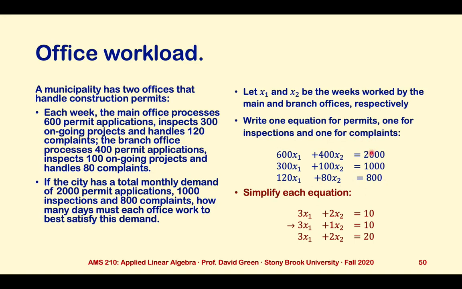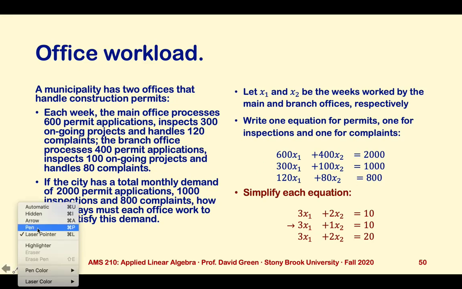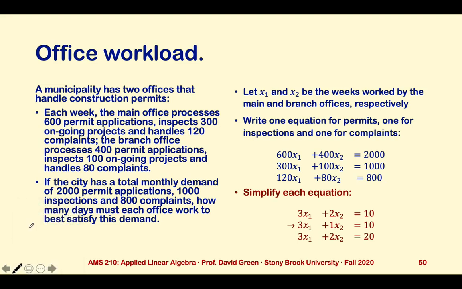Once we've done this, we take a look at this expression, and it looks a bit messy. We have hundreds, thousands. It's always a good idea, especially if we're working through a problem by hand, to at this point simplify the system as much as possible.